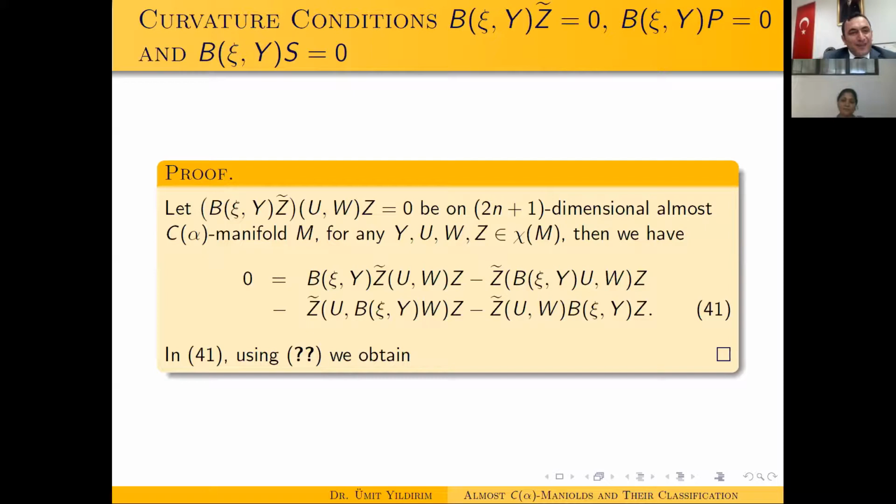Proof. Let B(xi, y)z tilde equal 0 on a 2n plus 1 dimensional almost coKähler manifold M, for any y, w, z, u in the tangent space.